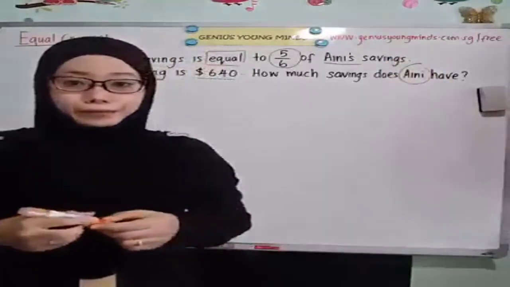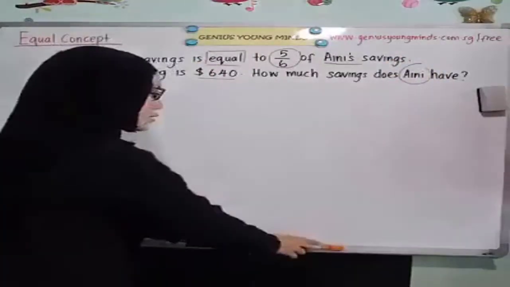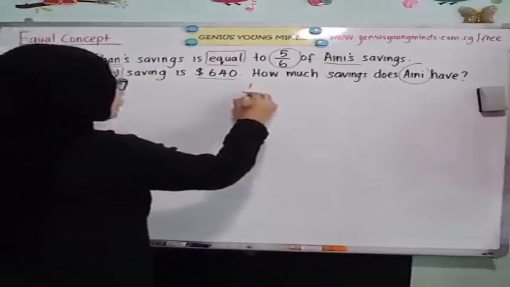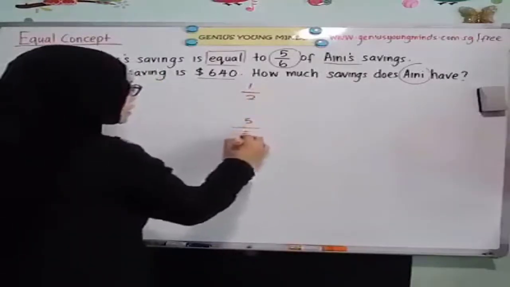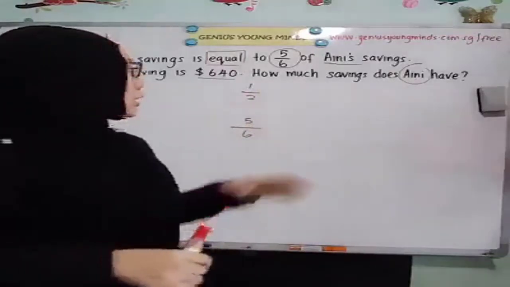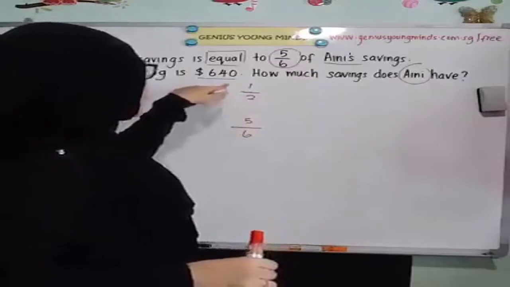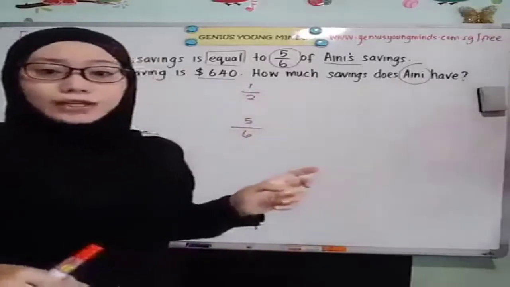Before I start drawing the table, I want to tell you about the fractions, half and 5/6. The question says half of Jihan's saving is equal to 5/6 of Aini's saving.